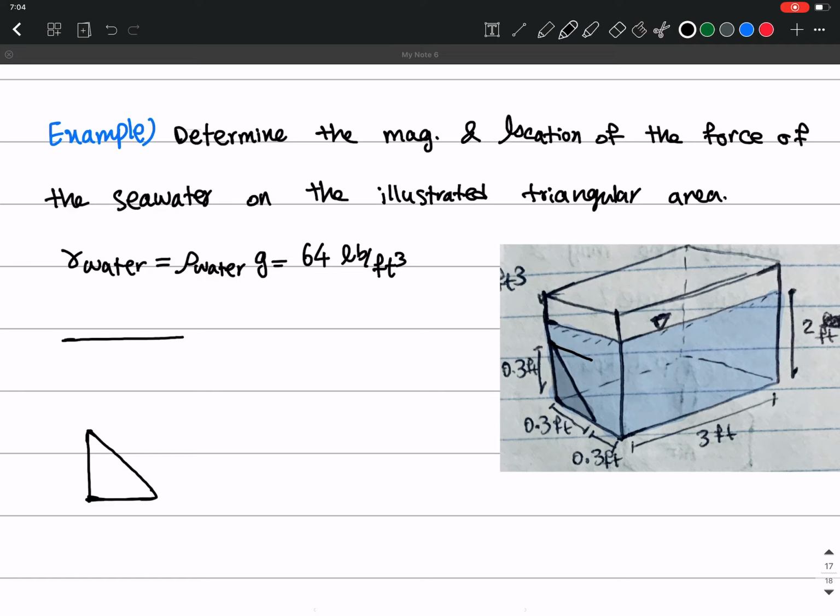So the centroid of that is going to be somewhere around here, right? So I'm going to write it as y_c, which is the centroid of this.